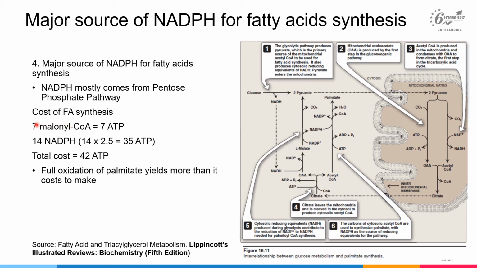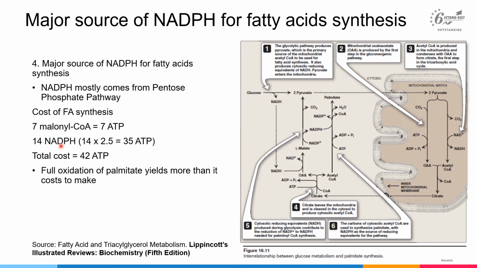So in total you need 7 malonyl CoA. To make 1 malonyl CoA, we need 1 ATP. So to make 7 malonyl CoA, we need 7 ATP.